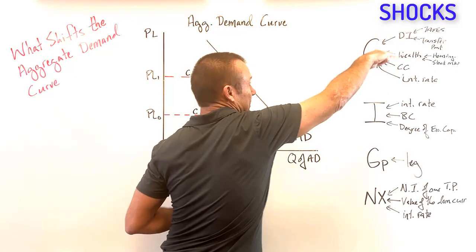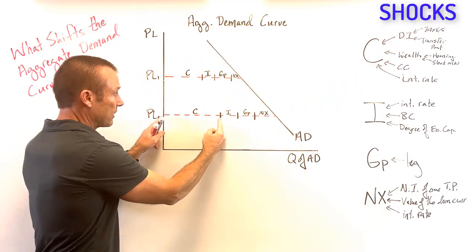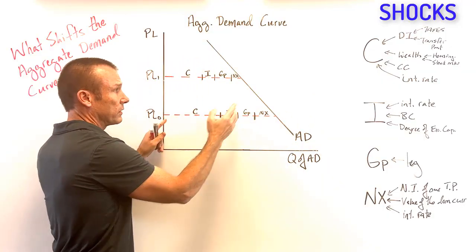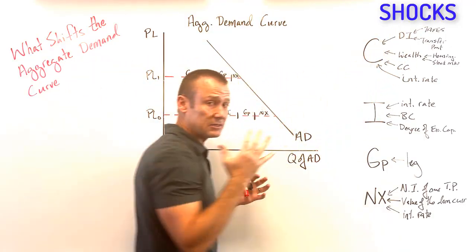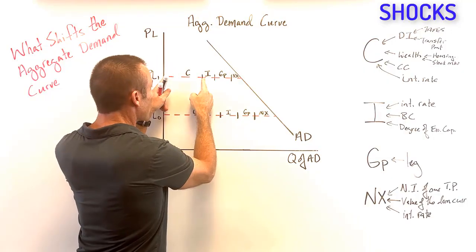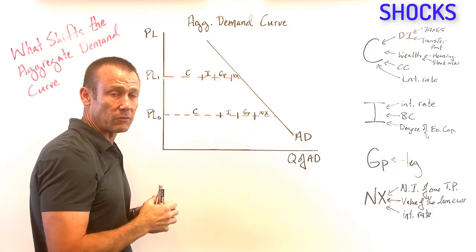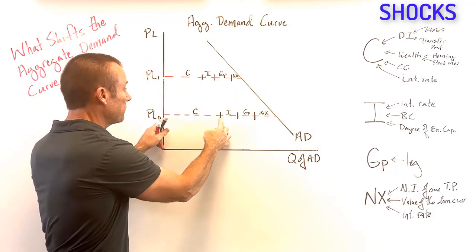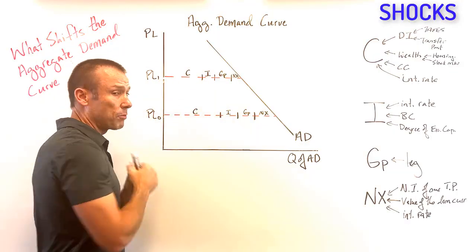Imagine one of these things changing so that consumption increases. And what we could imagine consumption doing if these things, exogenous variables, cause consumption to change, is consumption is going to increase at every price level, right?